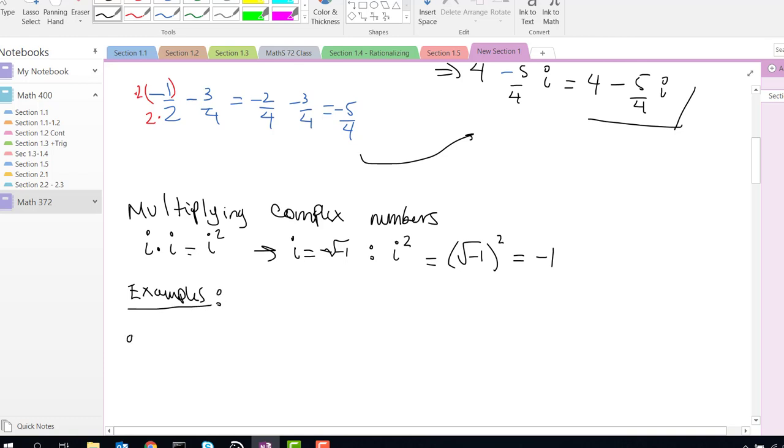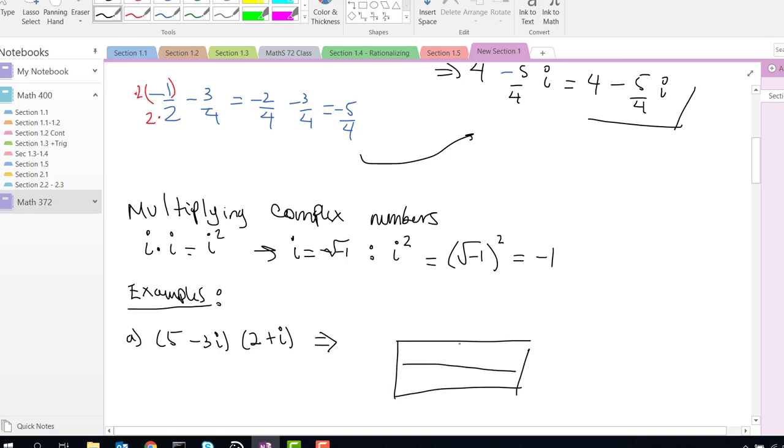So let's try some examples of multiplying complex numbers. So say I want to multiply 5 minus 3i times 2 plus i. And so here we treat it just as we did with polynomials before. So you can use the distributive property or you can use the box method. So I'm going to do the box first. So I'm going to do 5 and then minus 3i and 2 and positive i.